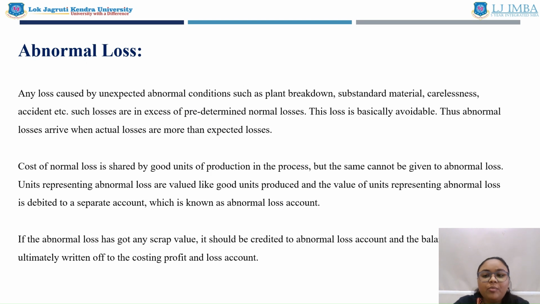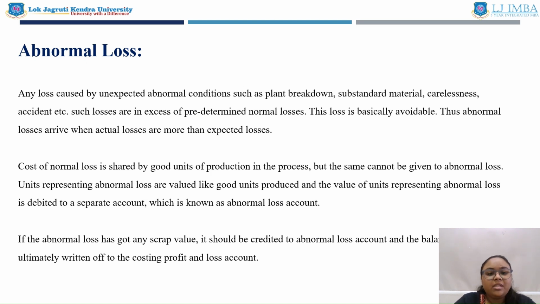But abnormal loss is a loss which we have not expected, and it is more than our expectation. The cost of normal loss is borne by the good units of production in the process, but the same cannot be given to abnormal loss. Abnormal loss will not be taken up by the production process. It is not part of production, right?